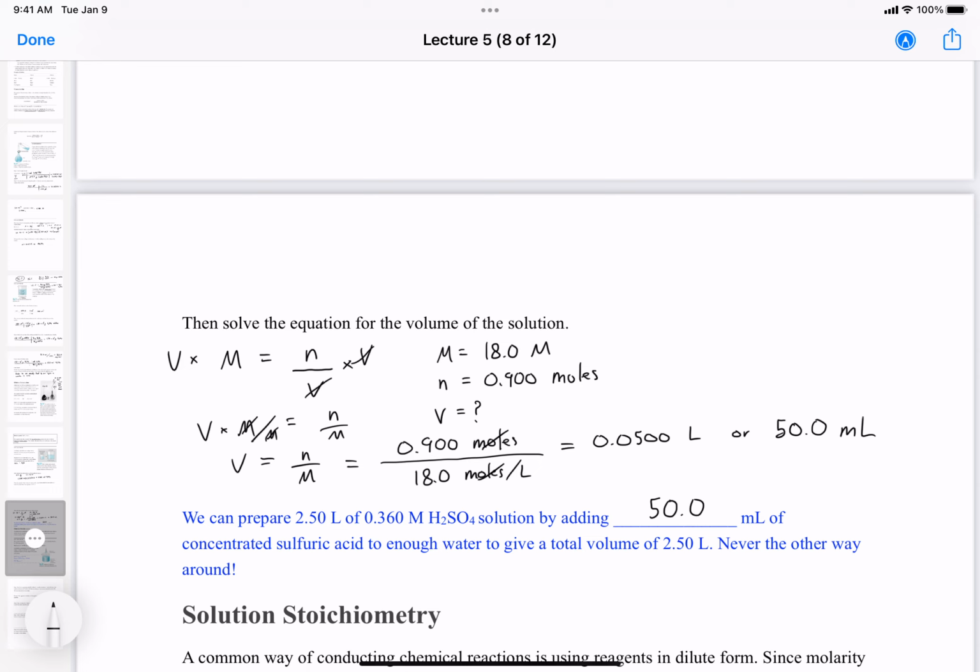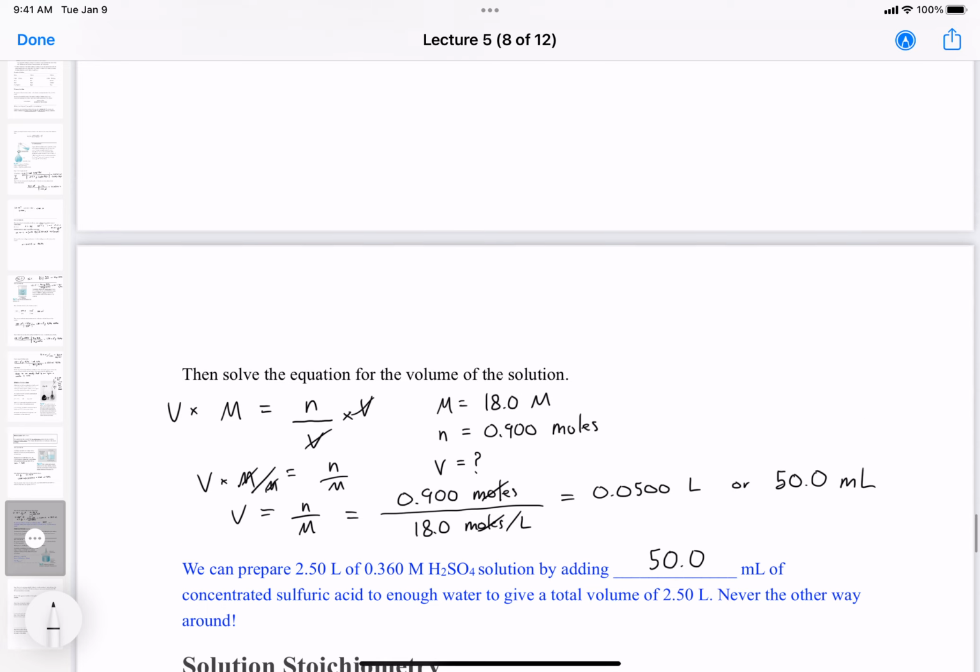We never add the other way around. Always add the acid to water. Remember AA, add acid to water, never add water to the acid. Alright, so that's how we would solve a dilution problem.